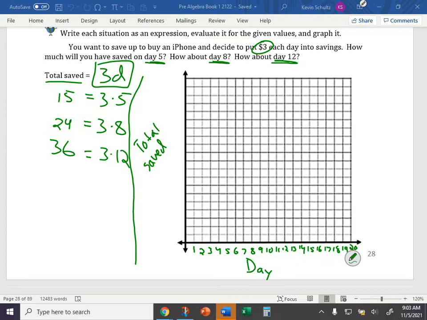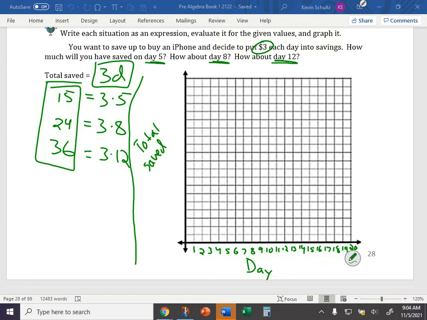How about the y-axis? What do you think we should count by for the y-axis? Keeping in mind that we're already up to 36 as a data point here. Cade? 4? Sophie? 3s? Kylie? I like 3s because how are our values increasing?